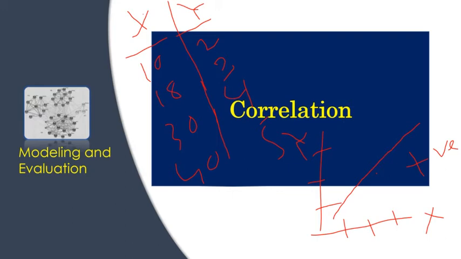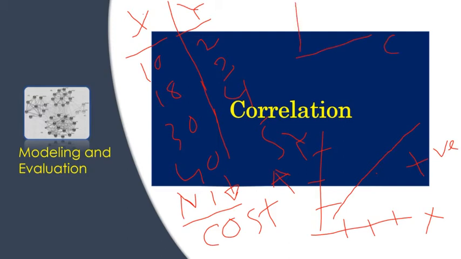So let's have one example. Say cost and net income. If cost is high, net income is low, right? So if we draw the line, here is the cost and here is the net income.